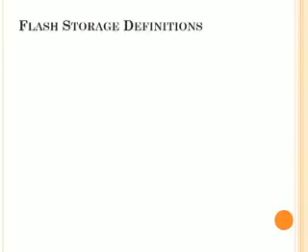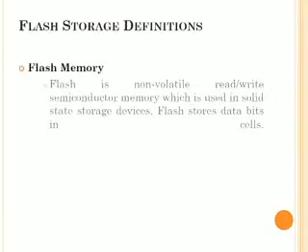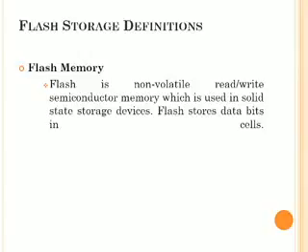Okay, flash storage definition. First, flash memory. Flash memory is a memory storage device for computers and electronics. It is most often used in devices like digital cameras, USB flash drives, and video games.